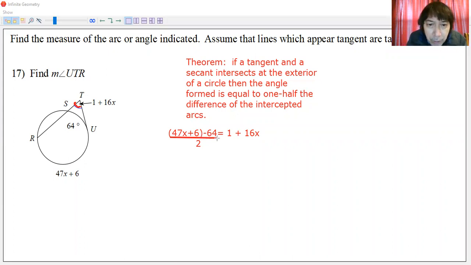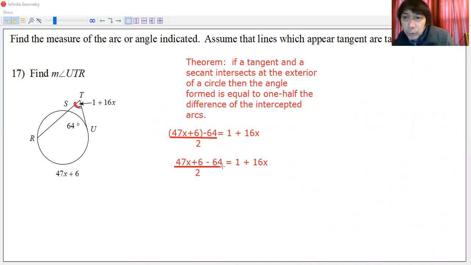Okay. All right. So let's see what we can do in the equation. So this is 47x, removing the parentheses, minus 64. And then what do we have there? We still have the divided by 2. And then this is equal to 1 plus 16x, okay? And then we still have the divide over there. All right, 47 is not divisible by 2, okay?